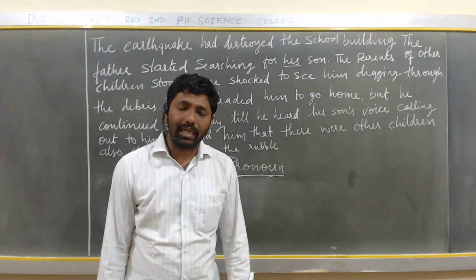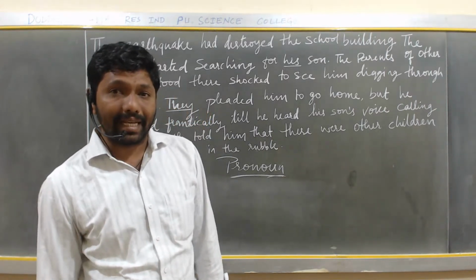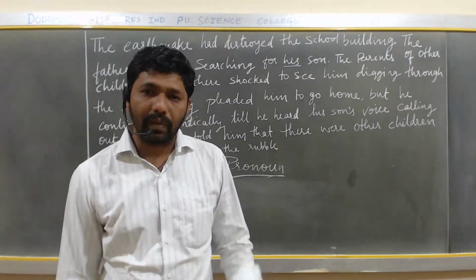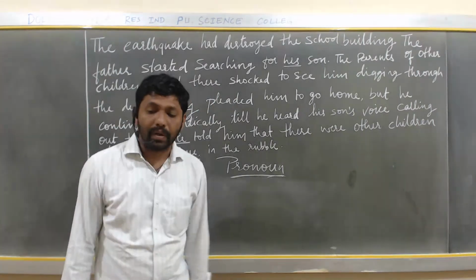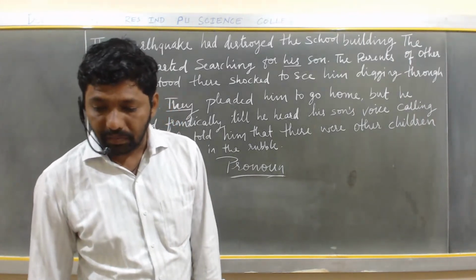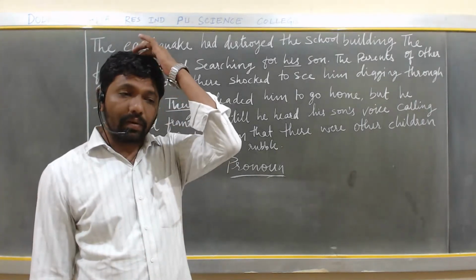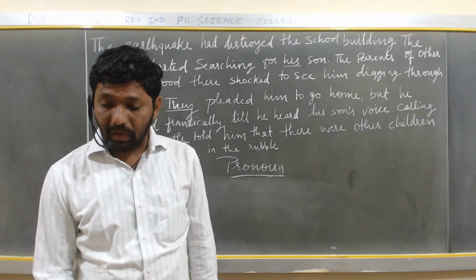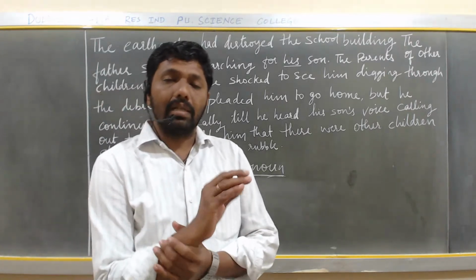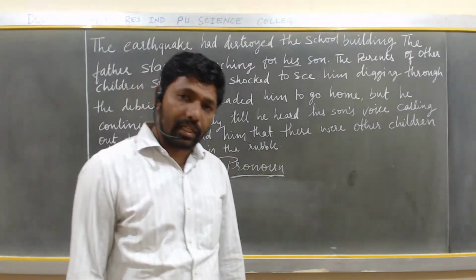One is personal pronoun, second reciprocal pronoun, third distributive pronoun, then reflexive pronoun, emphatic pronoun, relative pronoun, compound relative pronoun, possessive pronoun, demonstrative pronoun, indefinite, interrogative. All these are the 11 types of pronouns in English.